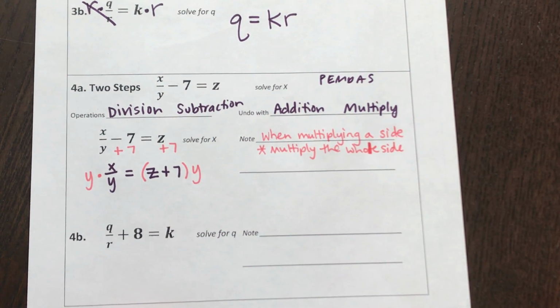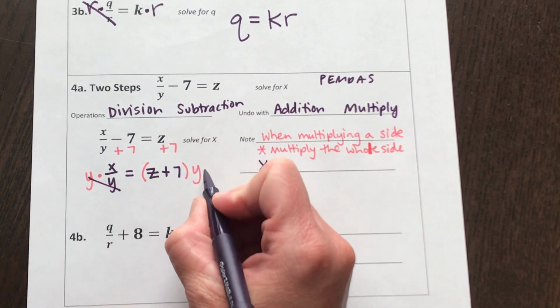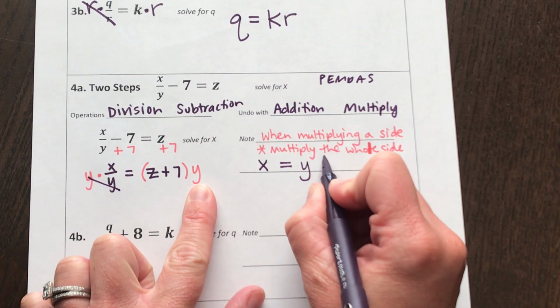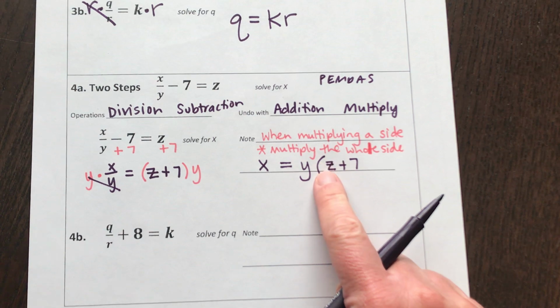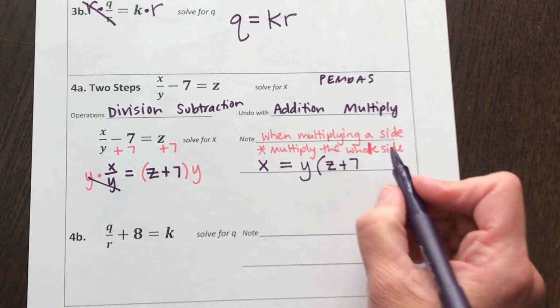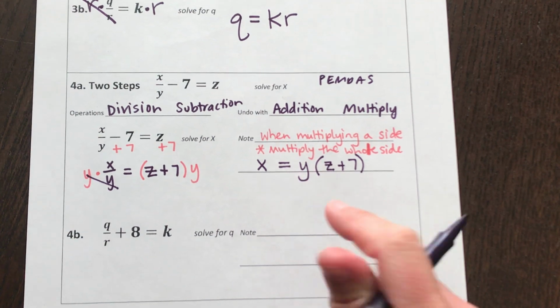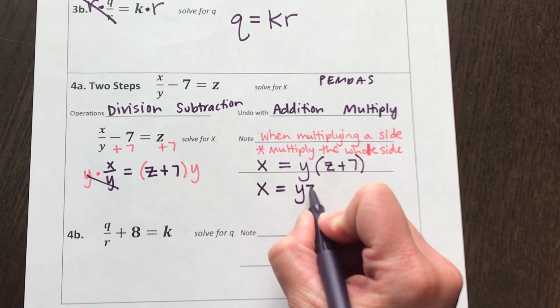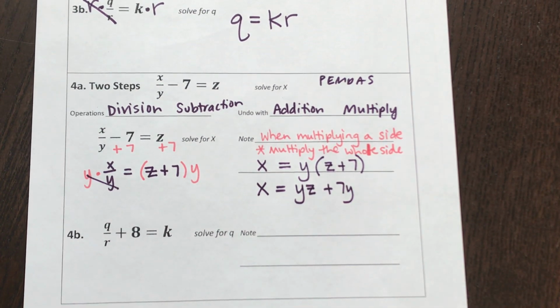So if I multiply, I'm now going to have x is equal to, now I'm just going to move this in front because normally we see a distribution in the front, y times z plus 7. I'm just going to make myself write that z with a line in the middle so I don't get confused. It's not a 2. If you want to multiply the y through, this would also be correct. That would be another way of writing that.